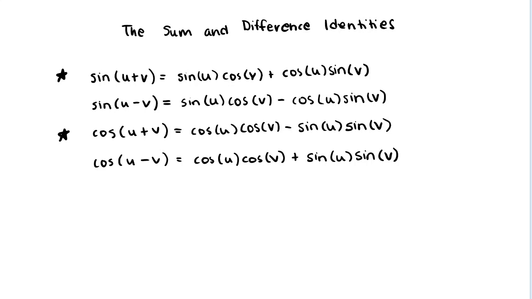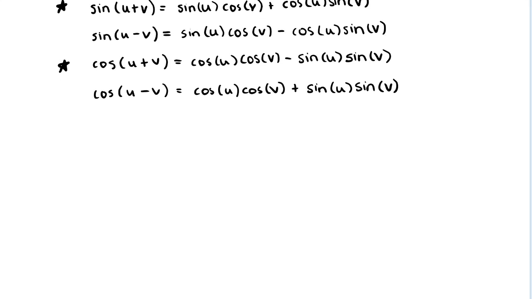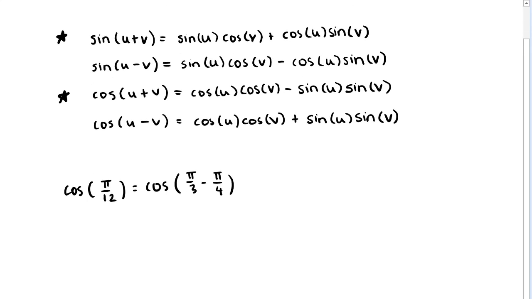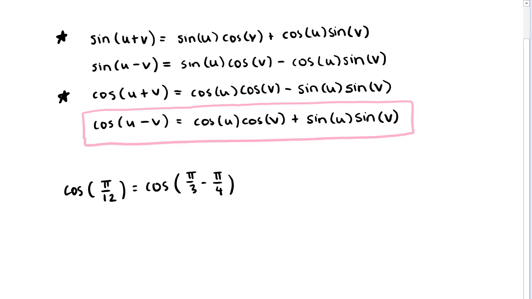So let's evaluate the expression we wrote down earlier. Earlier we wrote down cosine of pi over 12, and this came from cosine of pi over 3 minus pi over 4. And so how do we evaluate cosine of pi over 3 minus pi over 4? Well, here in this identity, we have the expression involving cosine of a difference, and we have a difference here.